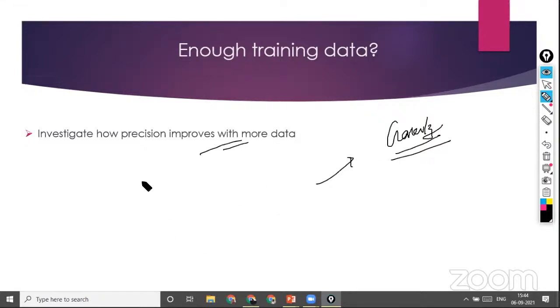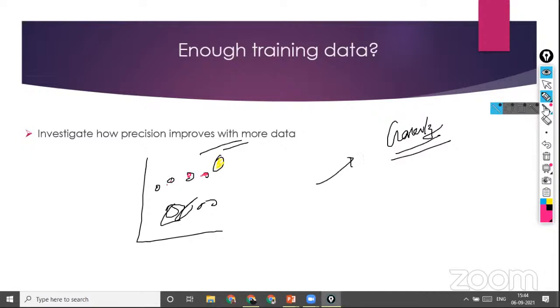You may overfit your models, like when you have a classification problem like this. This is apple, and this is banana, for example. I'll use different colors. There's one banana over here, and these are apples. If you have a smaller data set, there's a chance you will build a model for the classification like this, and this can be a simple outlier.